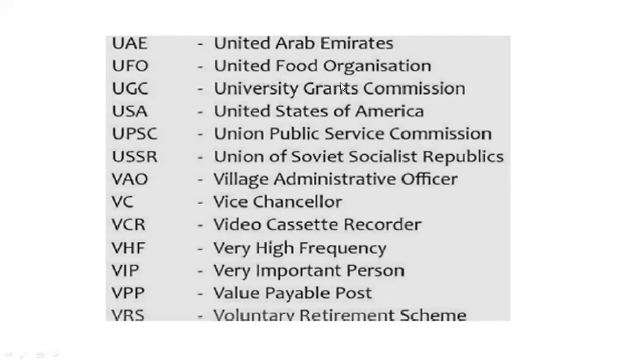UGC, University Grants Commission. USA, United States of America. UPSC, Union Public Service Commission. USSR, Union of Soviet Socialist Republics. VAO, Village Administrative Officer. VC, Vice Chancellor. VCR, Video Cassette Recorder. VHF, Very High Frequency. VIP, Very Important Person. VPP, Value Payable Post.